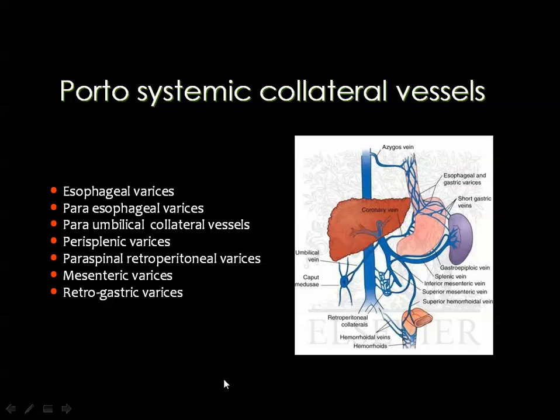In cases of portal hypertension, you get the opening of the portosystemic collaterals, which will lead to the formation of esophageal varices and the varices around the umbilicus and also those in the colon. And I have discussed this issue of the esophageal varices when I discussed the lesions of the esophagus, and I have said that there are uphill and downhill esophageal varices, and I explained the causes of both types.